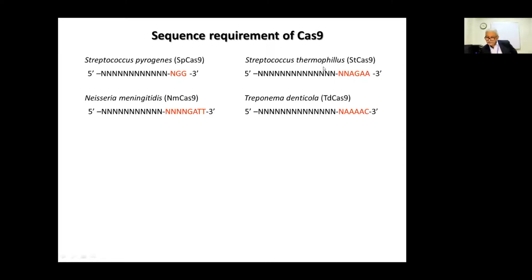Now, why should we use Cas9 from Streptococcus pyogenes? Look at here, NGG. How many are the specific sequences?